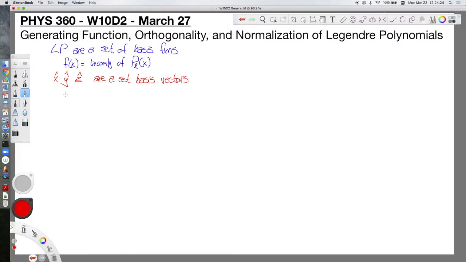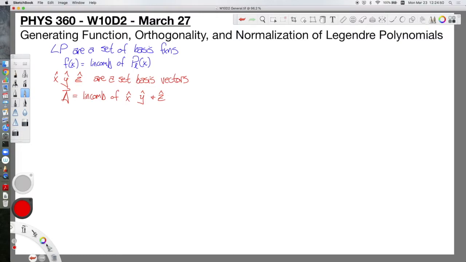And we can write any arbitrary vector A as a linear combination of these unit vectors, x hat, y hat, and z hat. So the same way you can combine x hat, y hat, and z hat to make any vector you want, you can combine our P_L of x to make just about any function we would like to create.